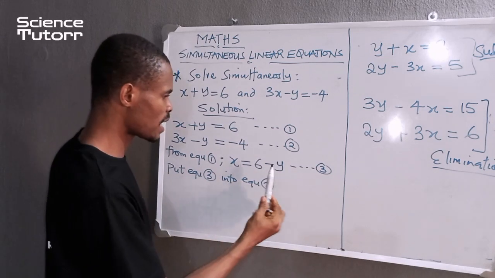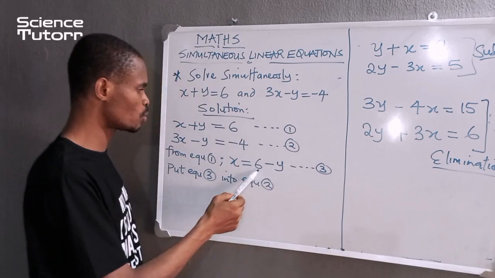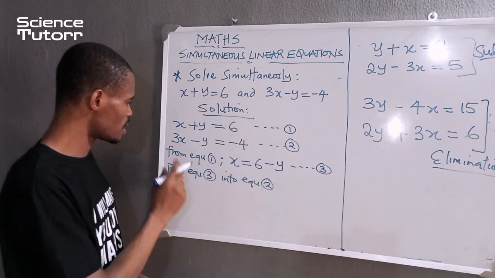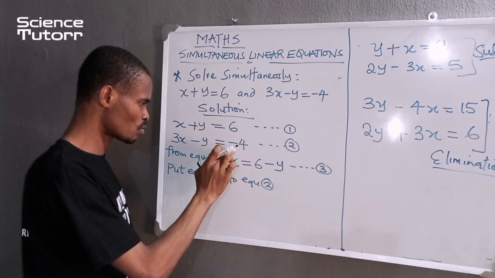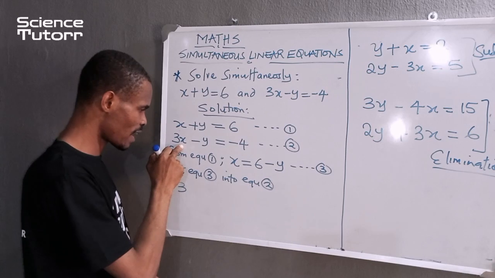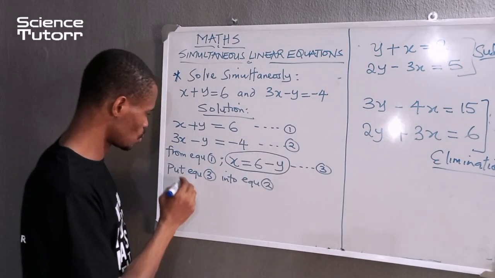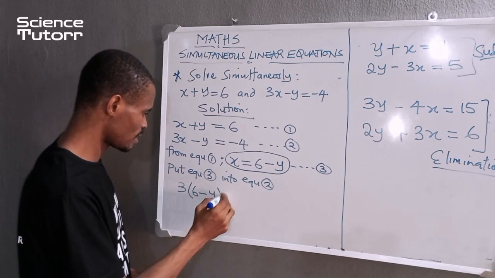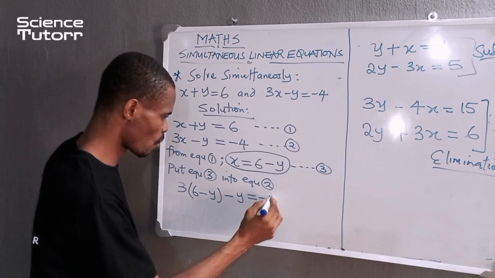That means wherever I have x, I'm going to put 6 minus y in place of x in equation 2. I have 3x minus y equals minus 4 from equation 2. So 3x, x here represents 6 minus y. So 3 into 6 minus y, minus y, is equal to minus 4.